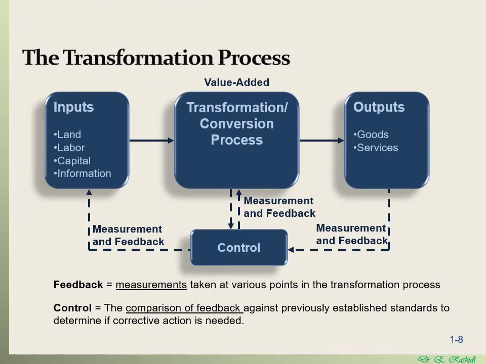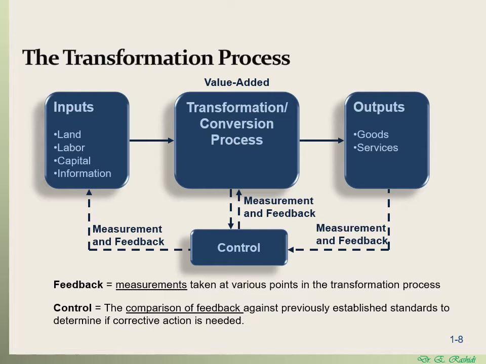Operations as the transformation process. If we view an organization as a system that has inputs and outputs, then in the middle there is a set or a chain of processes that convert and transform the input into the desired outputs for customers, whether it's goods or services. So as you can see here in this chart, there is a flow of materials or goods from the inputs to next level processes, which are the conversion or transformation processes, and on the very end there is the desired output.